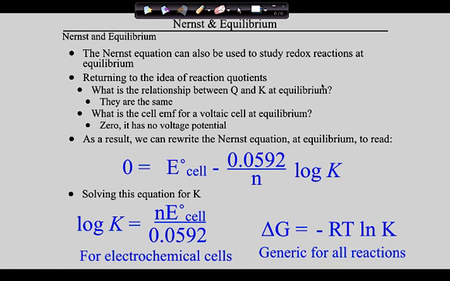I felt it at least necessary to introduce you to the idea that there's another way of coming up with K, not relative to voltages because they took that away, but relative to Gibbs free energy changes. This isn't even going to be in the homework. Understand it's there if you get into the AP test and you're given Gibbs free energy values and you have to solve for K. But guys, don't get too caught up in it.